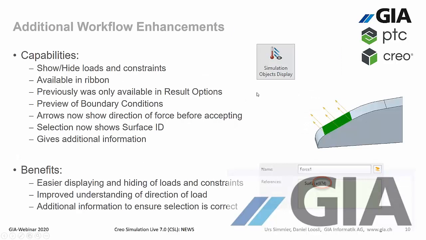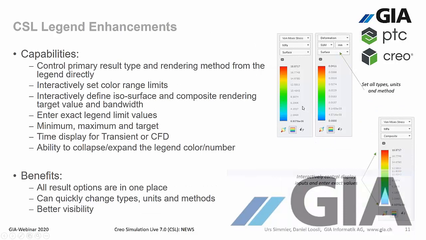You have better graphical feedback of the selected objects. Even the IDs are available, and you can toggle these simulation objects here. The Creo Simulation Live Legend is very easy now to handle, so we have quite a lot of new functionality in it.